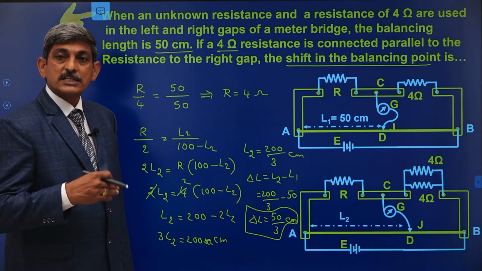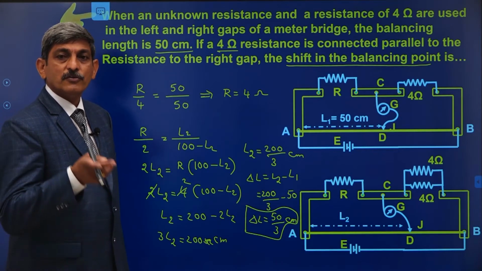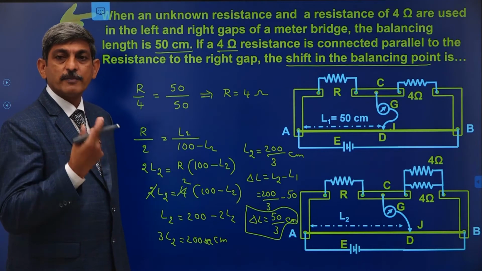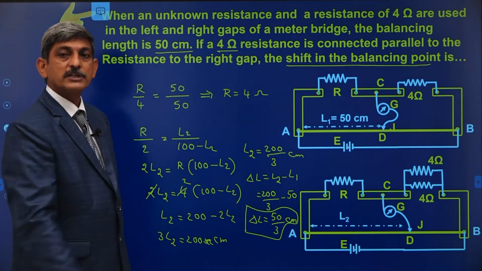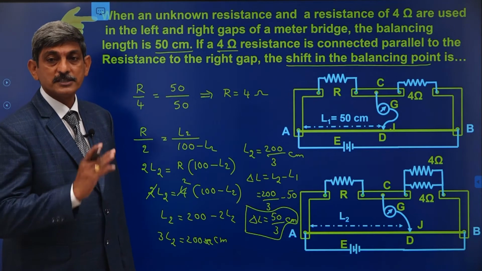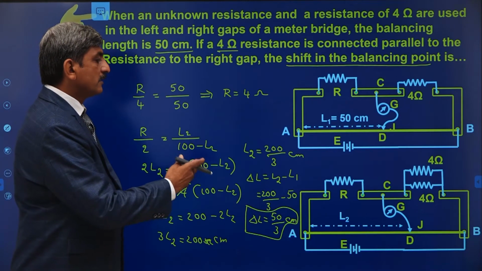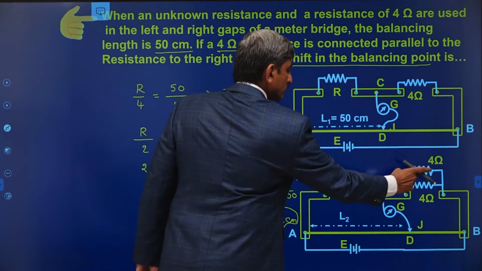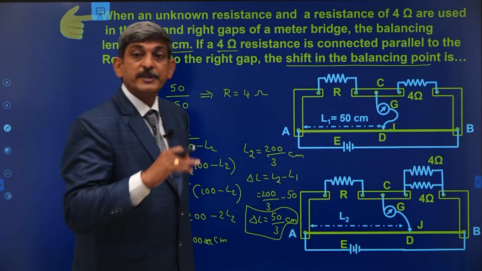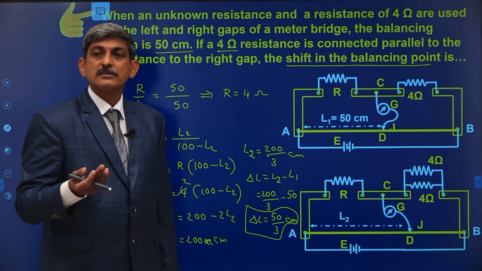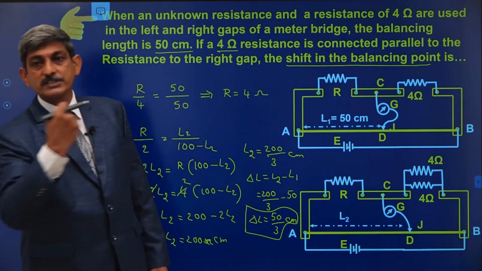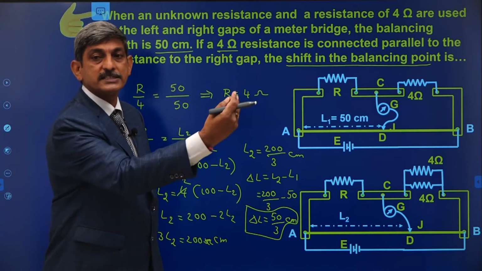So if you want to calculate the shift in the balancing point, we should know the initial balancing point and also the final balancing point. Then we have to calculate the shift in the balancing point. Without giving this resistance value, the shift in the balancing point may be given. Shift in the balancing point means the balancing point may be shifted towards the left side or towards the right side.